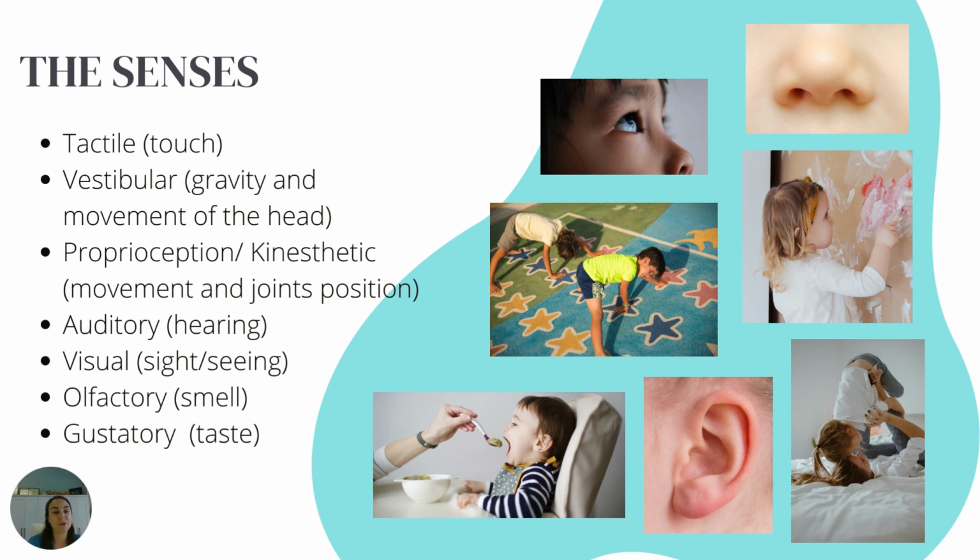Then we also have our proprioception or proprioceptive system, which includes our movement and our joint positioning, and that is located in our joints and in our muscle spindles. So whenever we move our limbs or move a joint, our proprioceptive system is activated. Then we have our auditory system, our visual system, olfactory, that's our smell system, as well as our gustatory system, which includes our taste.